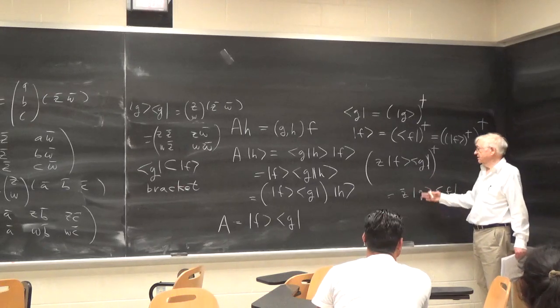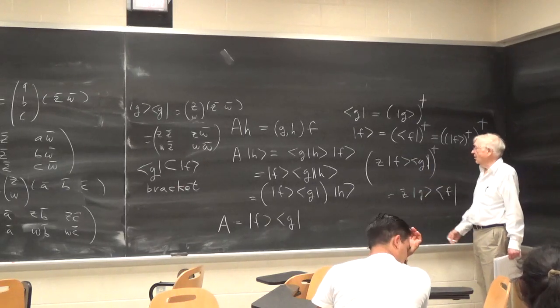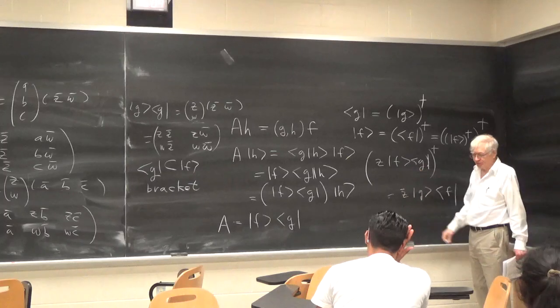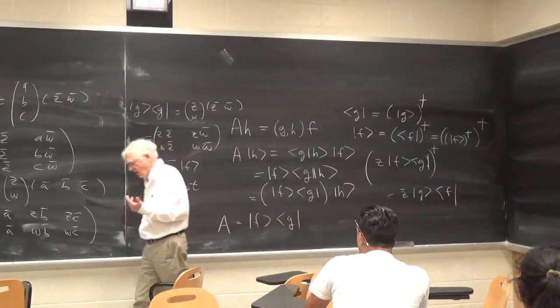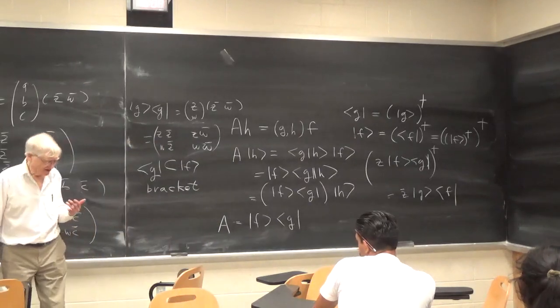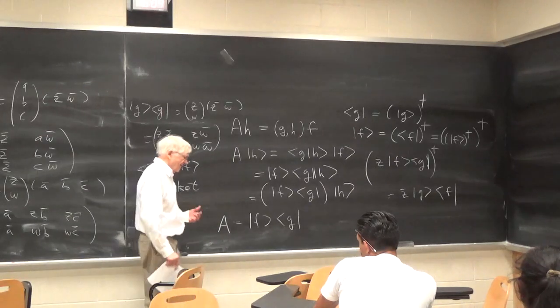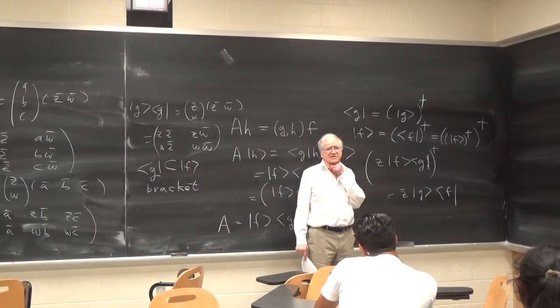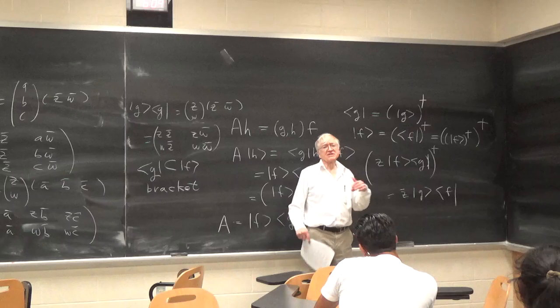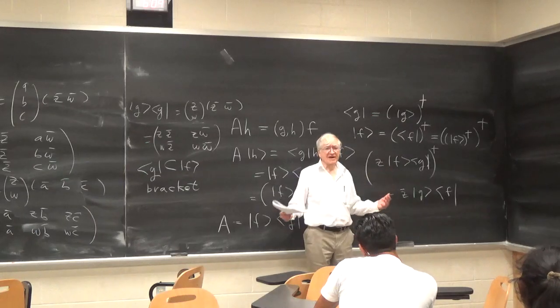And the reason why this is all you need to know is that an outer product is the most general. Outer products form the basis for any set of linear operators. A given set of linear operators can form a vector space.